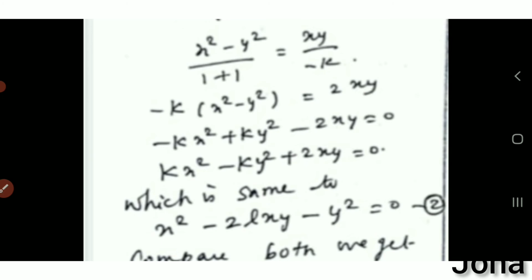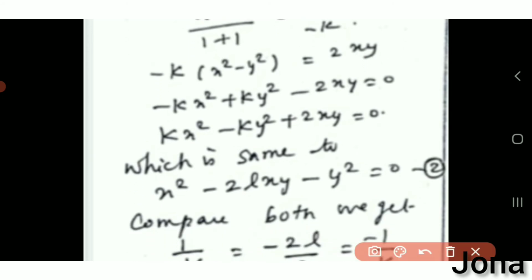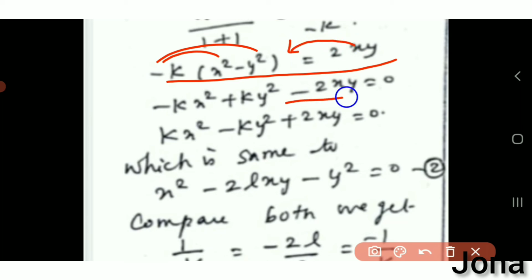Then cross multiply this, we got minus k into x square minus y square equal to 2xy. Then by removing the bracket, we have minus kx square plus ky square, take this 2xy to this side, so minus 2xy equal to 0.